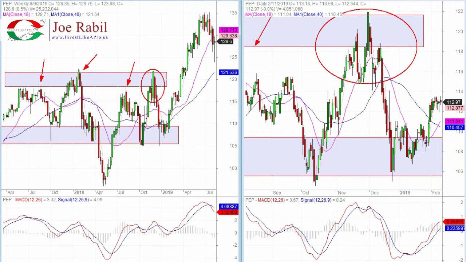I've done the same thing on the downside and pointed out the spots where price turned. It overran here, but look again on this move here, you have another turn. And then on this move here, you have another turn.